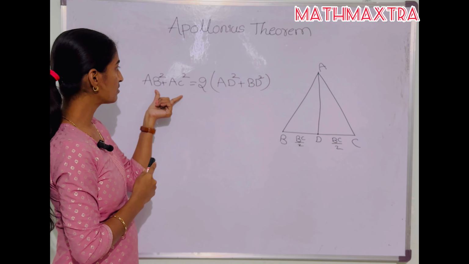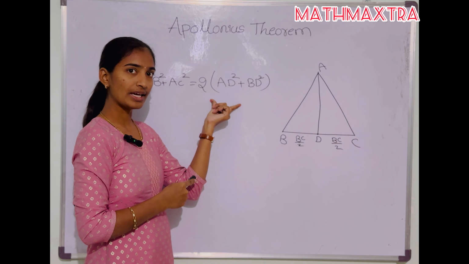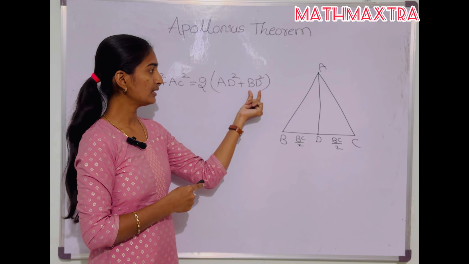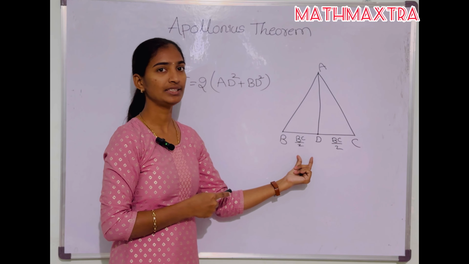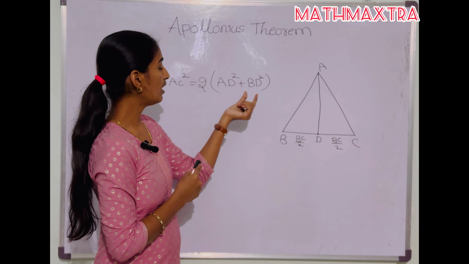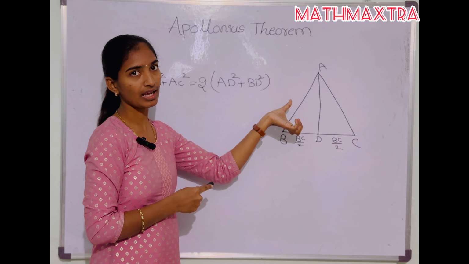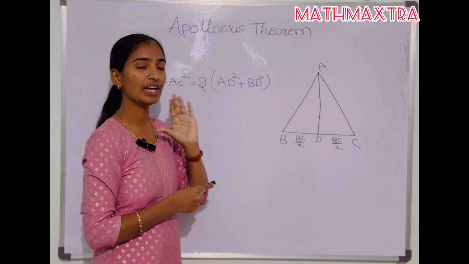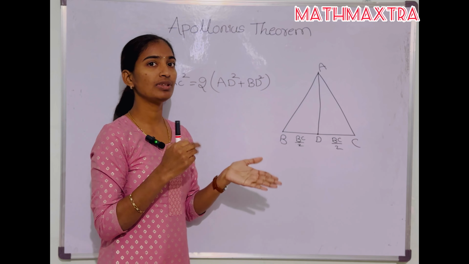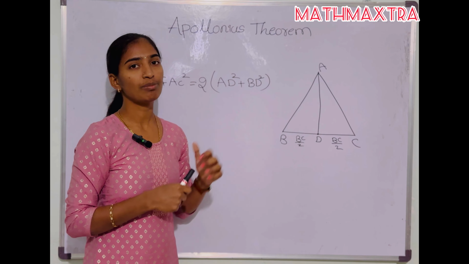The sum of the squares of the two sides is always equal to twice the sum of the squares of the median and half of the third side. These AB, AC are sides of the triangle and this AD is the median of the triangle. Wherever you need to identify the relation between the medians and sides, you need to remember this Apollonius theorem.